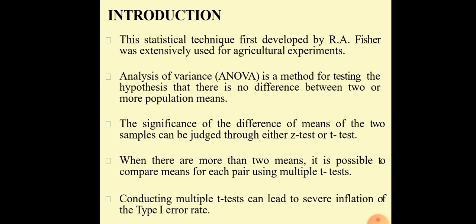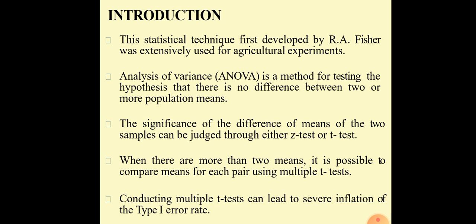Introduction. This statistical technique, first developed by R.A. Fisher, was extensively used for agricultural experiments. Analysis of variance, ANOVA, is the method for testing the hypothesis that there is no difference between two or more population means.